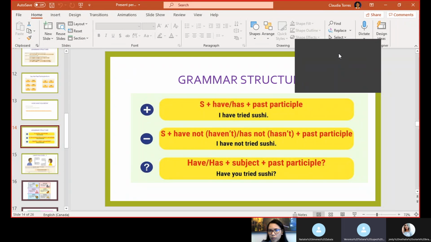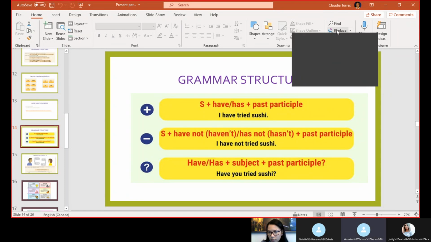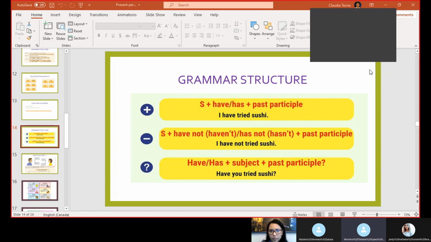Okay, so let's have a short review about yesterday's grammar structure. Yesterday we were talking about affirmative and negative sentences, right? But today we're gonna make questions in present perfect. So let's review the affirmative and negative sentences.